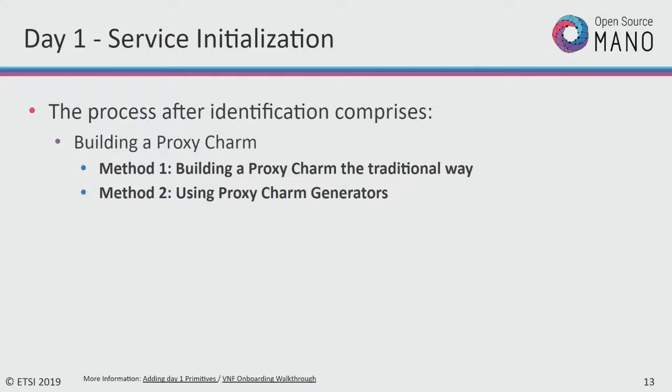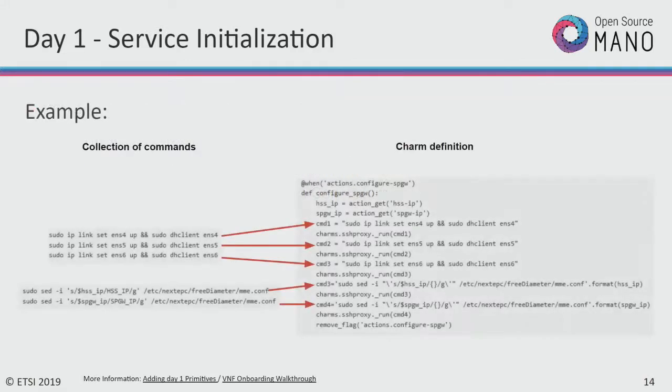And for this day 1, we're using proxy charms. Okay, don't worry about that because tomorrow we will see all of the charms with the Canonical guys. So we can build a proxy charm with two methods, okay, the traditional way or using proxy charm generators. And here we have an example of how to do this in day 1, okay.